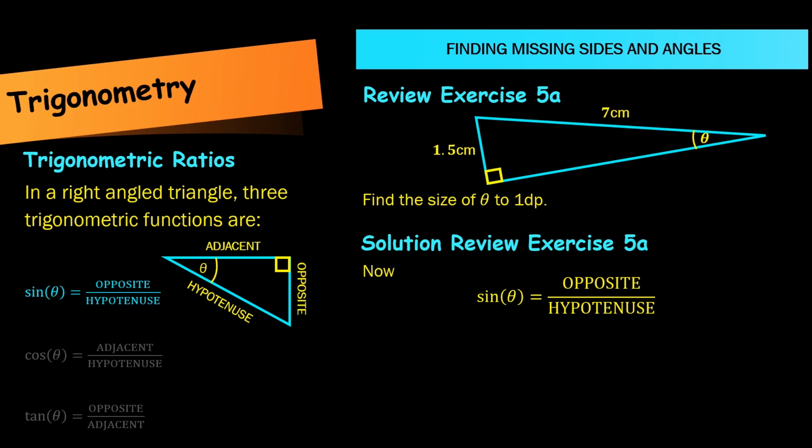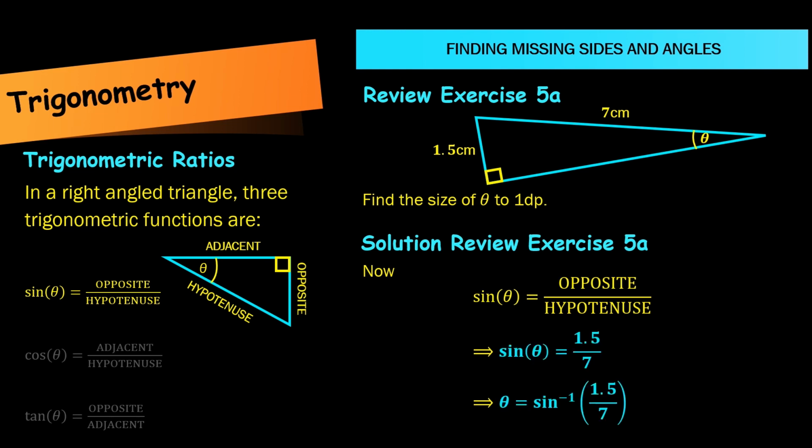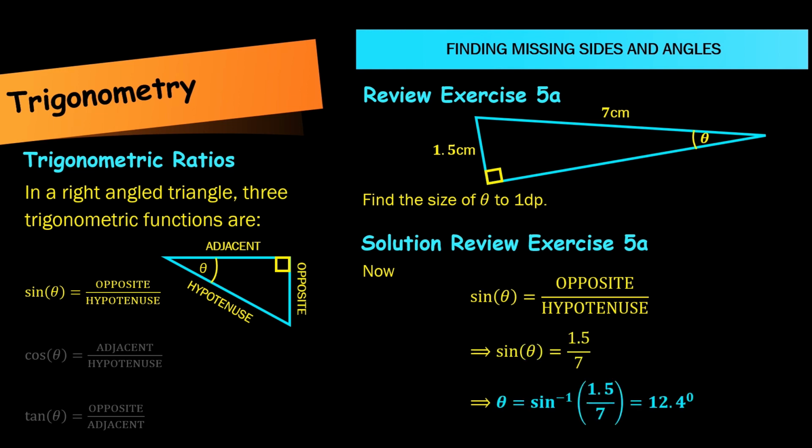And plugging in the values, of course theta is unknown, so we leave that as it is. We have the opposite, which is 1.5 centimeters, and the hypotenuse, which is 7 centimeters. And therefore theta equals sine inverse 1.5 over 7, which implies that theta equals 12.4 degrees.